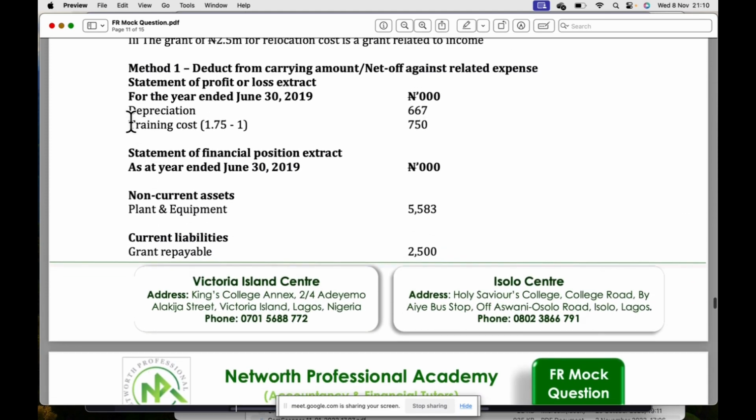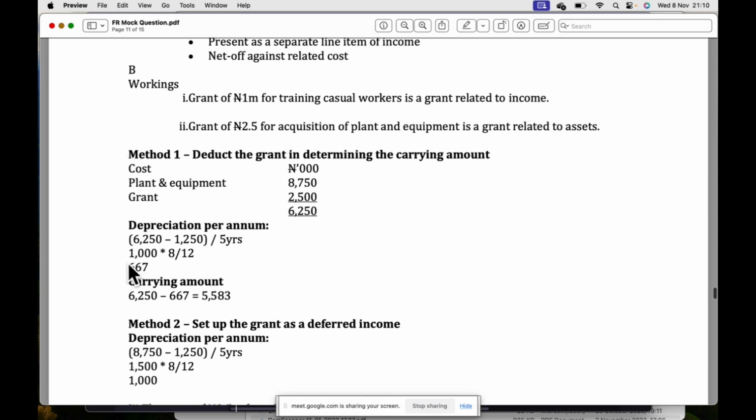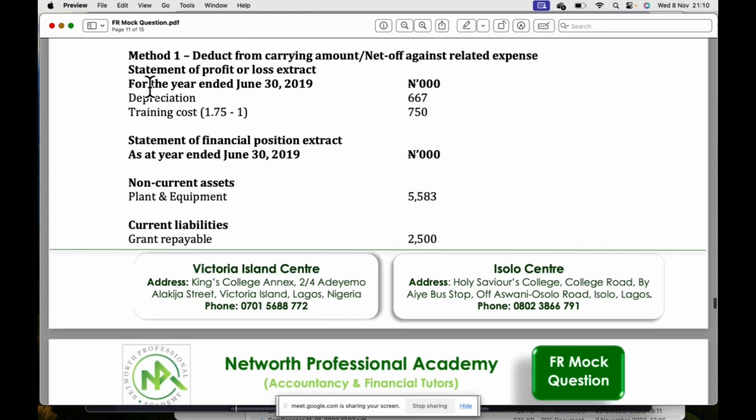So in my statement for method one, my depreciation was 667. I just put it in my P&L statement, my statement of profit or loss, depreciation 667, right? And that's all.